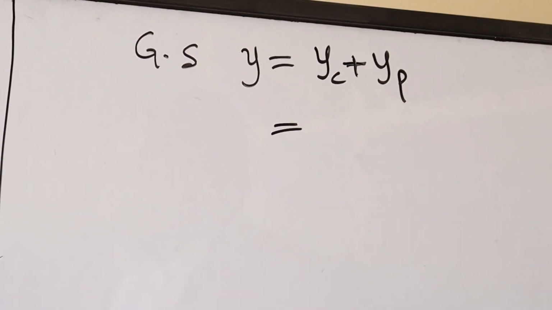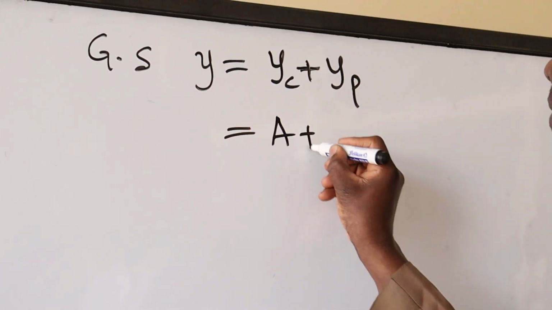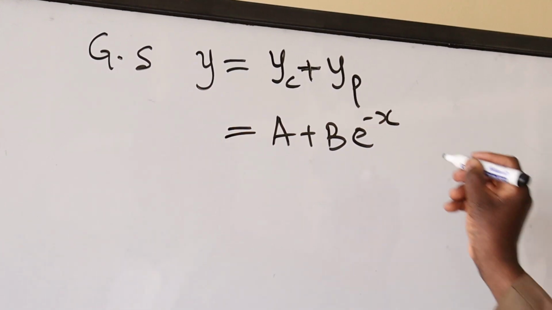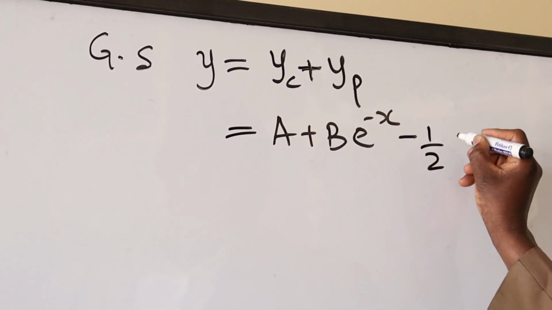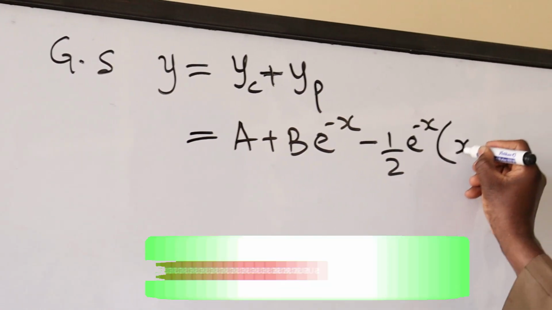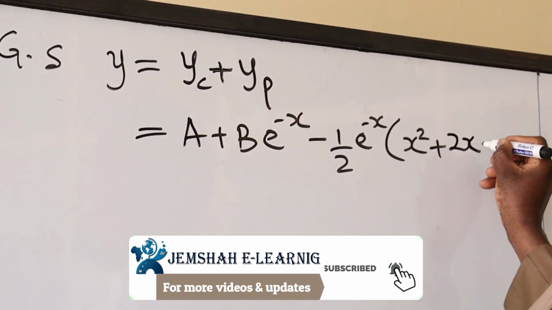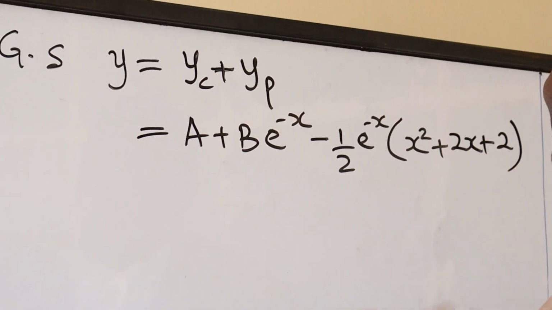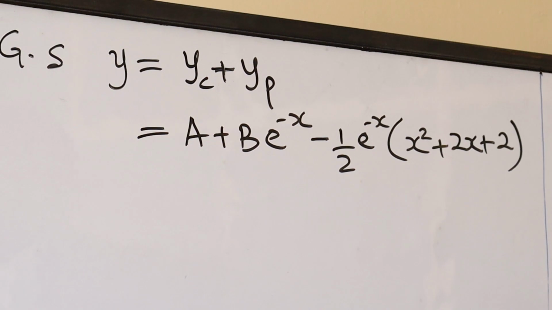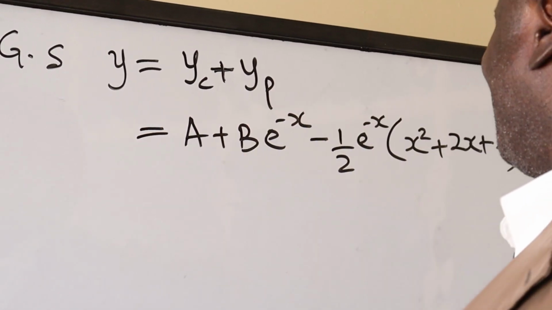Which will be equal to, our yc was a plus b e power minus what? X. Now we have yp is minus a half exponential negative x into x squared plus 2x plus 2. So y is equal to yc plus yp, we have that.